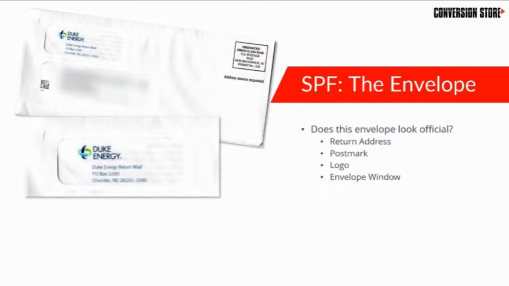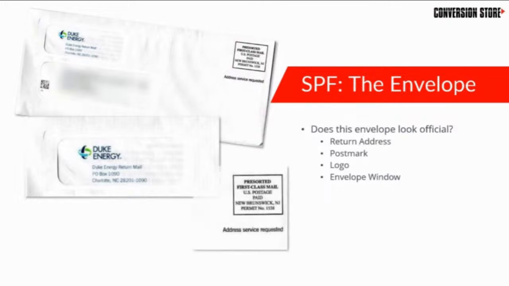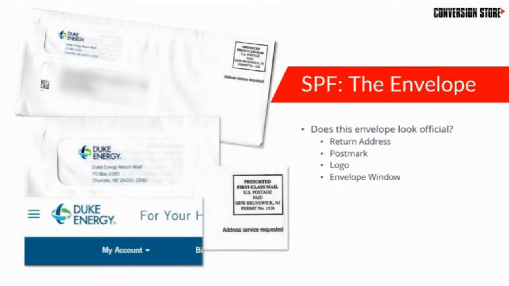So why do we have the analogy of the envelope? Well, when you look at an envelope, part of the reason I know it's Duke Energy and not Amica Insurance is that I'm looking at the from address and seeing the Duke Energy name, an address, a Duke Energy logo, and a permit that shows this was a paid piece of first class mail, and all of that checks out.